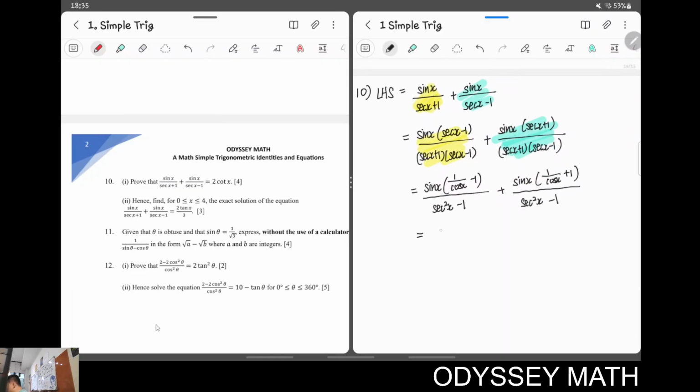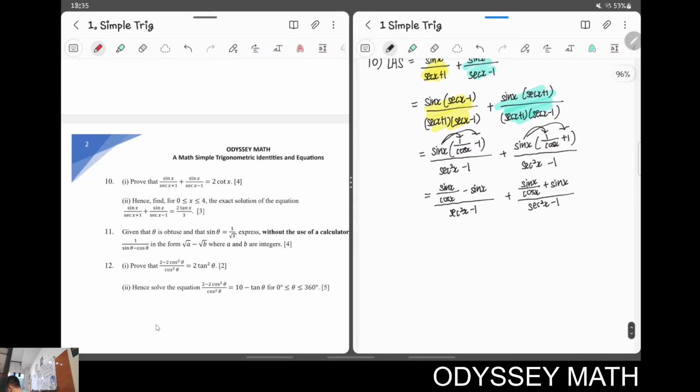And I'm going to multiply the sine x in. So we have sine x over cosine x minus sine x over secant x minus 1, plus, multiplying the sine x inside, sine x over cosine x plus sine x over secant x minus 1.